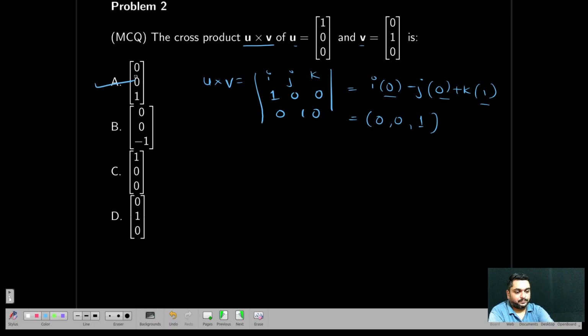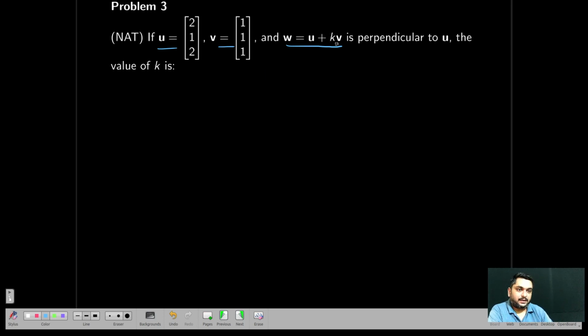Next, if u is equal to this vector and v is given, and they are saying w equal to u plus k into v, where k is a scalar value and w is perpendicular to u. So this is the case: the dot product of u and w will be equal to 0.